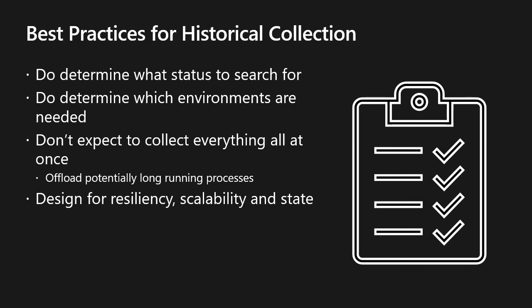In state, you want to be able to keep the state of the last run. That's where the next link piece comes from. We're attempting to not necessarily capture everything at once. We want to get the delta. So we keep the state of our last run so that we know where we were and where we need to get to, to make sure we have the full picture here.